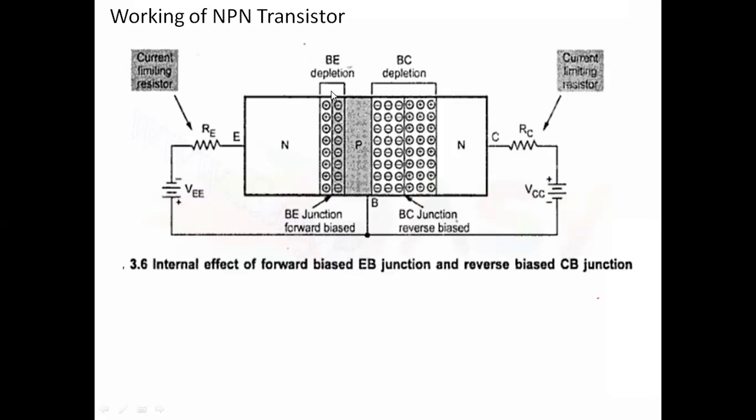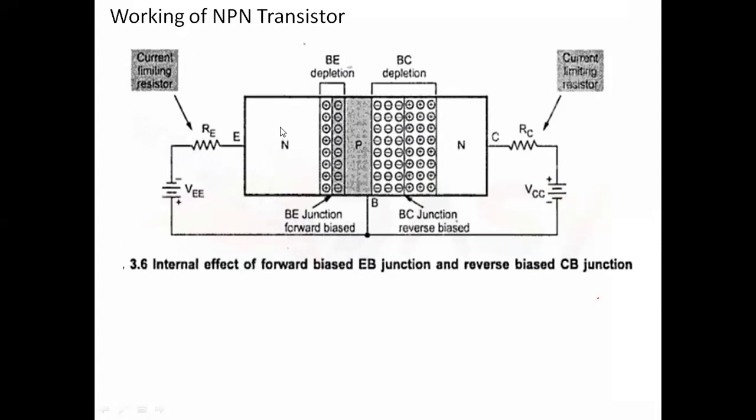So this is the base emitter depletion region and this is the collector base depletion region. The width of the collector base depletion region is more than the width of the base emitter region. Generally, what happens when we apply the voltage across the base and emitter?